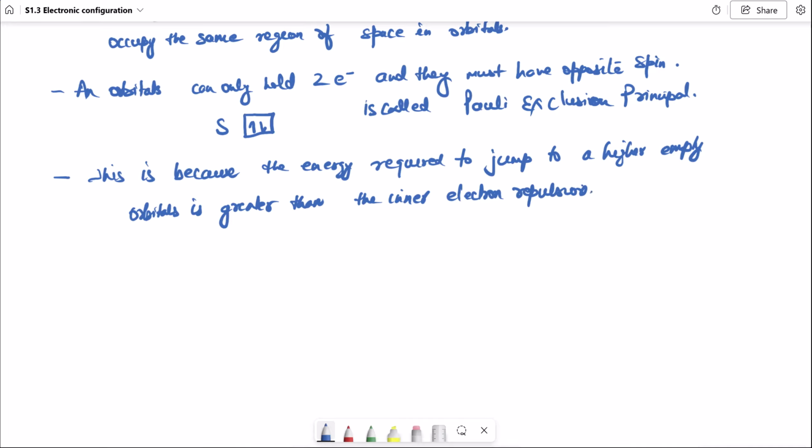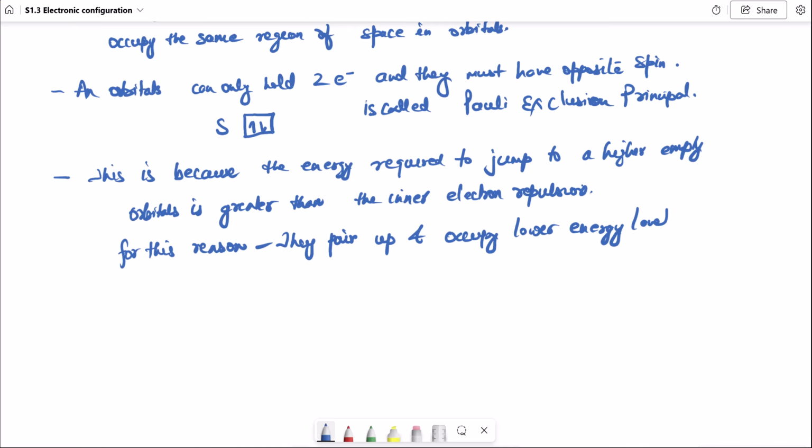So that's the reason. For this reason, they pair up and occupy the lower energy level first, right?